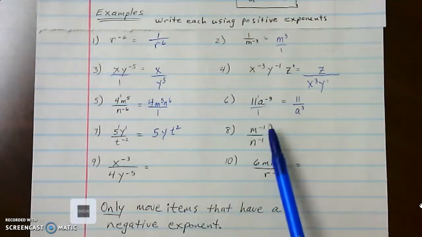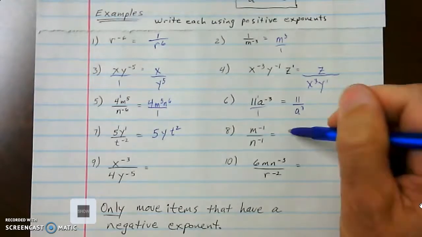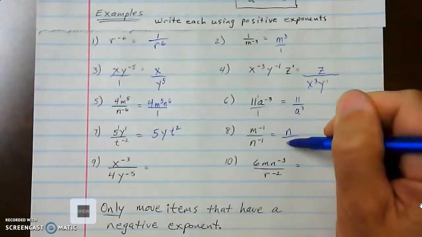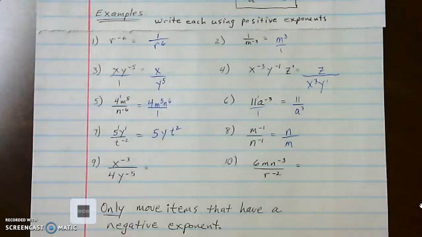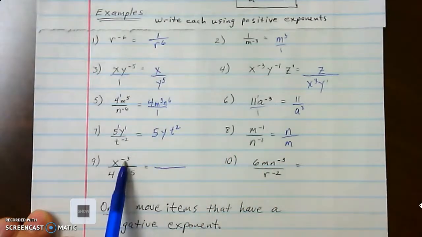Okay, look at 8. They both have negative exponents. Then they both move. They really just trade places. N goes here. M goes there. Done. Okay, last two, nothing different. Number 9, I'll draw a fraction bar and just look. Negative exponent. You already know x will go on the bottom.